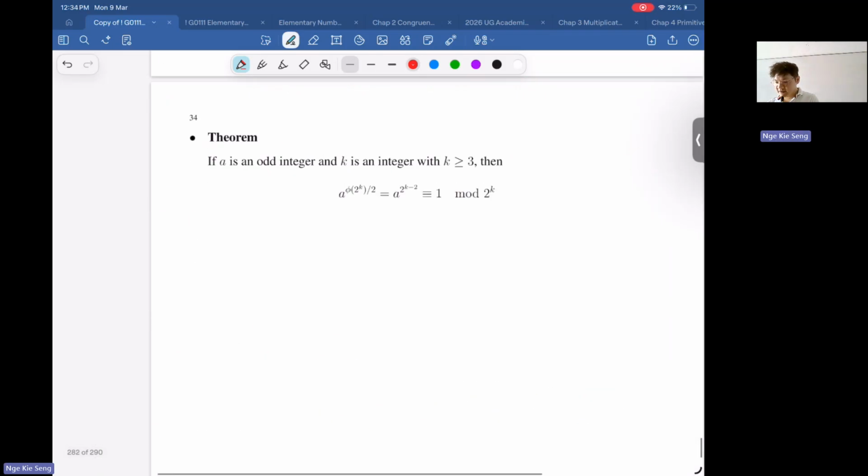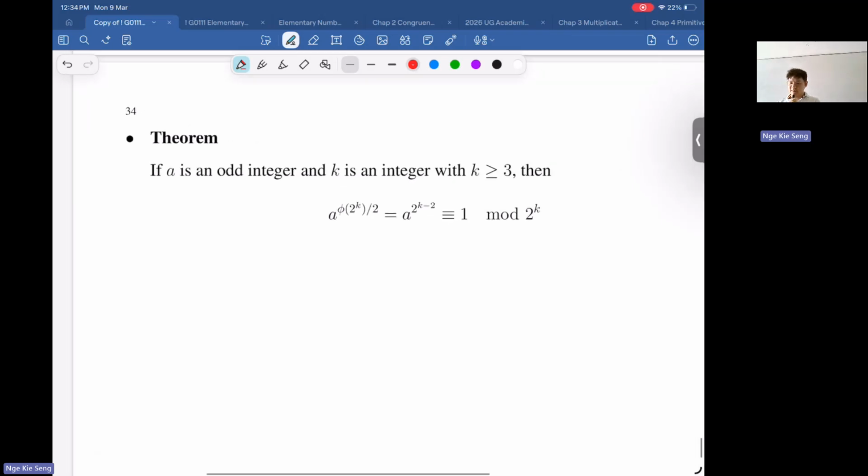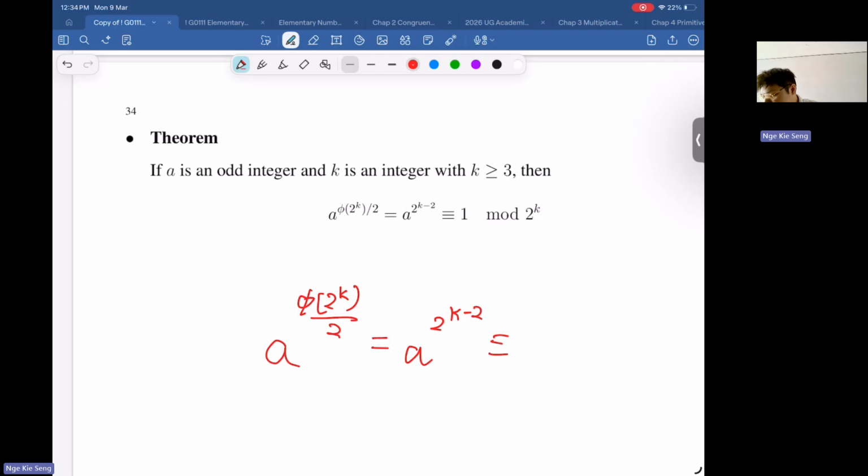Okay, next theorem. So if I have an odd integer a, and the power k here is greater than or equal to 3, then what we can show is that if you take a to the φ(2^k) divided by 2, which means it's just a to the 2^(k-2), it is already congruent to 1 mod 2^k.